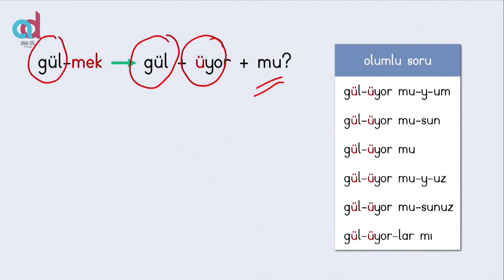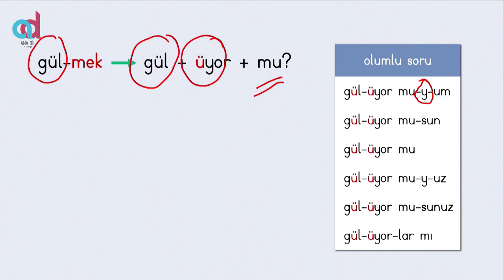So when you ask ben gülüyor muyum? You probably noticed this old friend here. Yes, Y letter, or for the French friends, let's say Y letter. This is a helping letter to help us pronounce this two vowel together case.